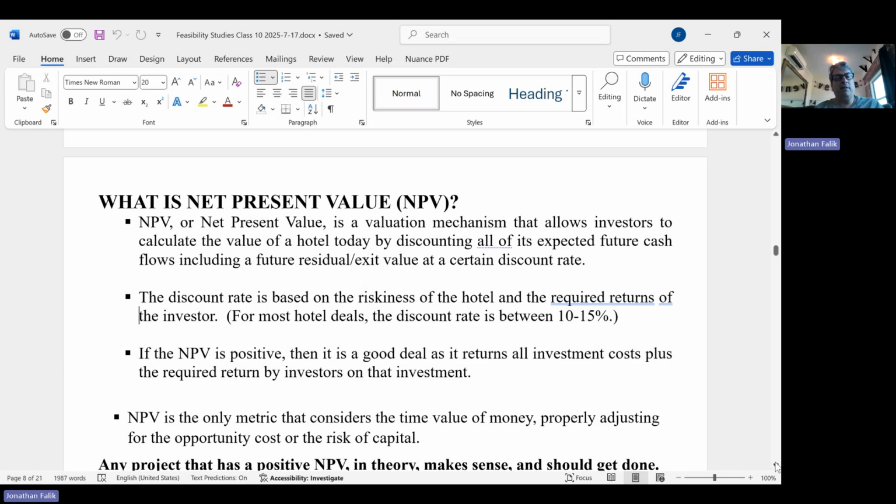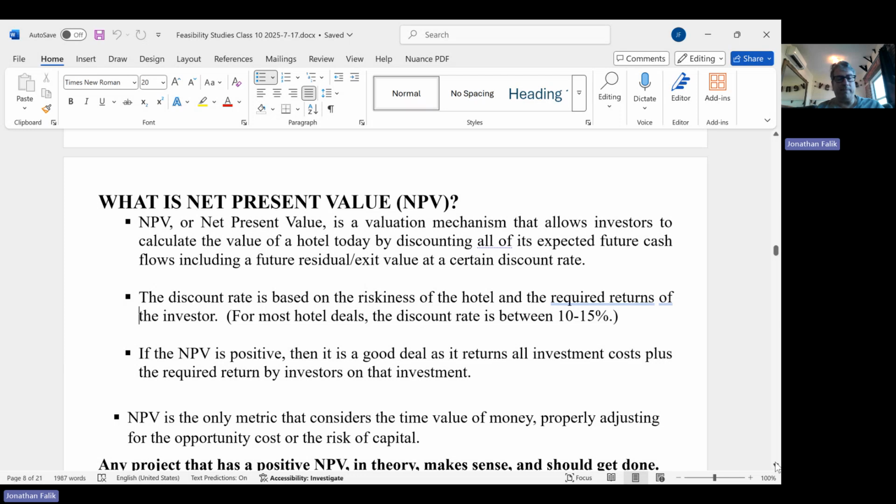Why is that? The reason is we assume that if an investor was looking to make a 10% return on their deals, the value of $100 a year from now is going to be worth less than the value of $100 today. The value of $100 5 years from now is going to be less than the value of $100 1 year from now or today.